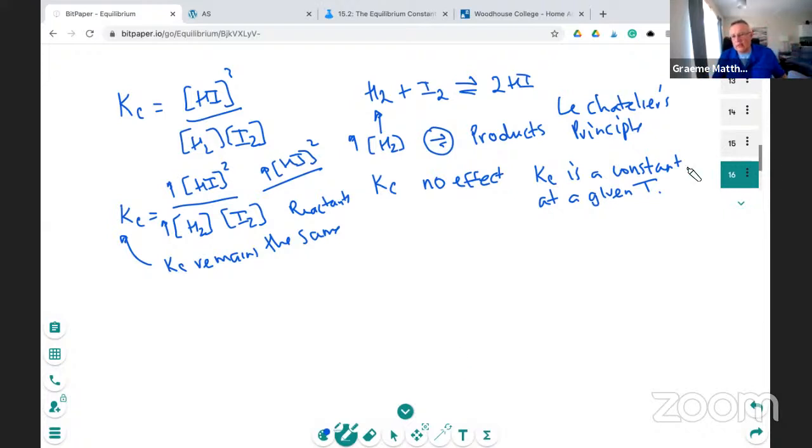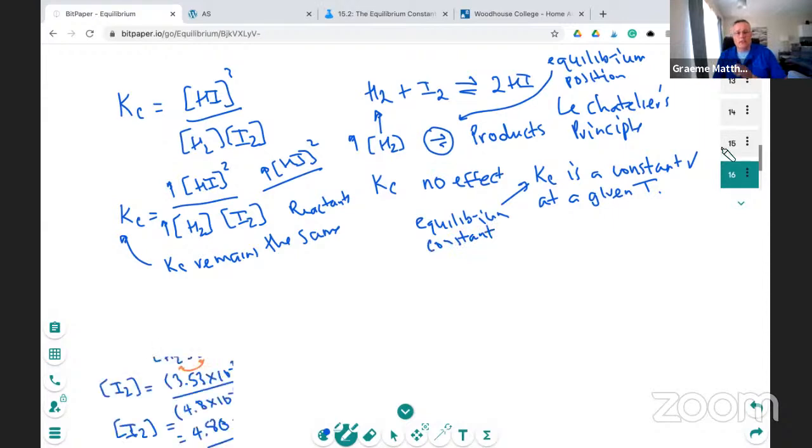So please understand the difference between equilibrium position, which can change, Le Chatelier's principle, and can move left and right, reactants and products, and the equilibrium constant. They're not the same. This is the type of question I think the exam board will put down.